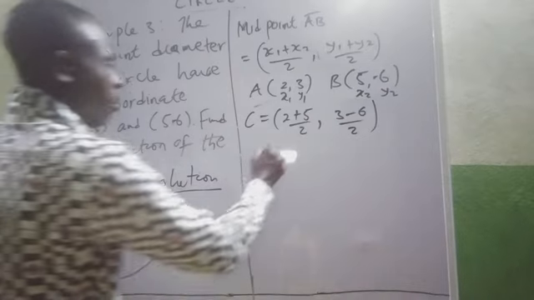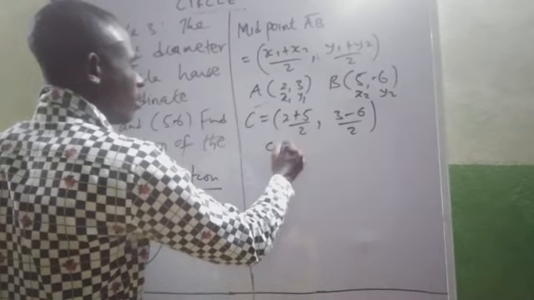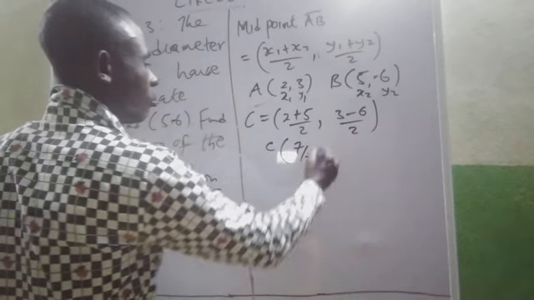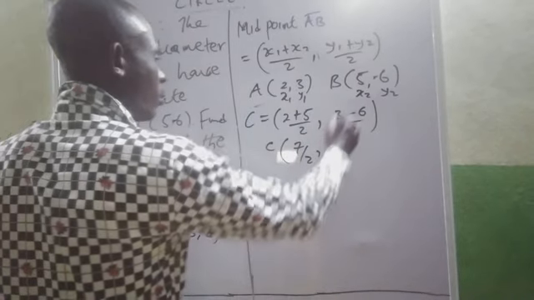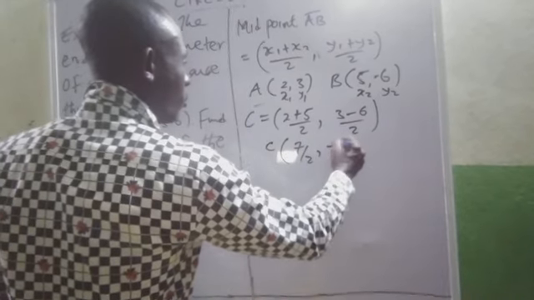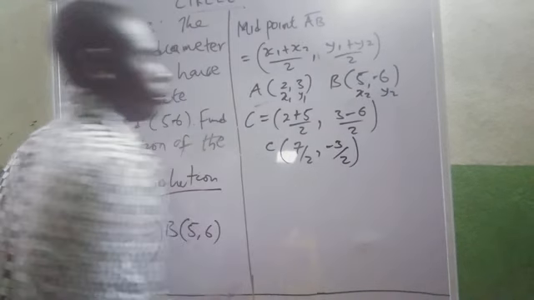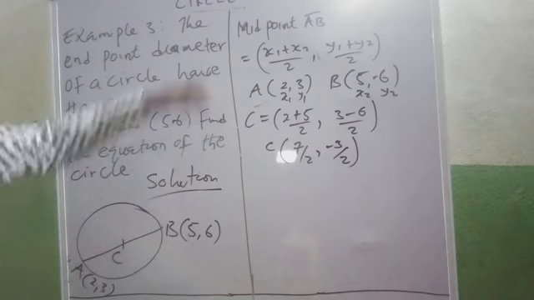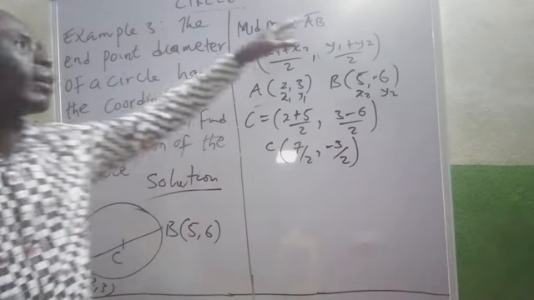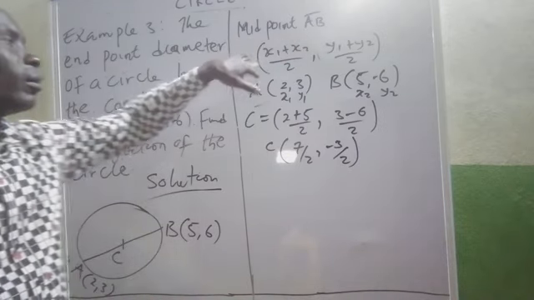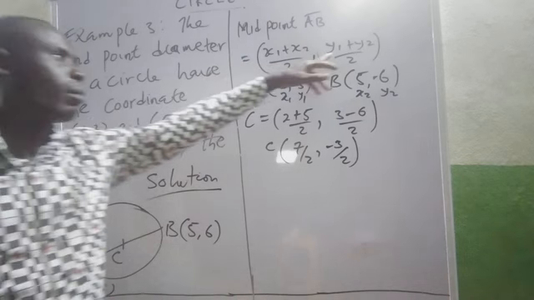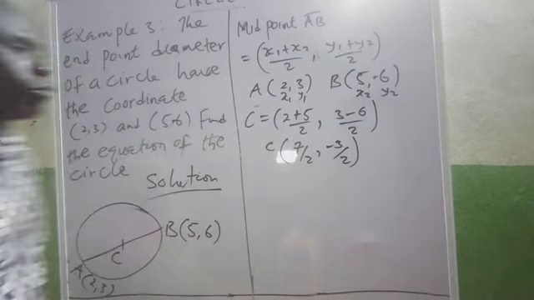So our C, which is the center, will now be given to us as (7 over 2, -3 over 2). So take note of this. From coordinate geometry, the midpoint of a segment of a line is given as ((s1 plus s2) over 2, (y1 plus y2) over 2).